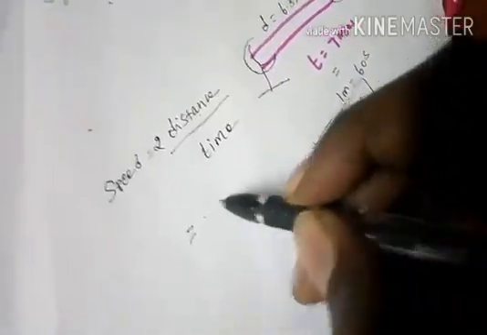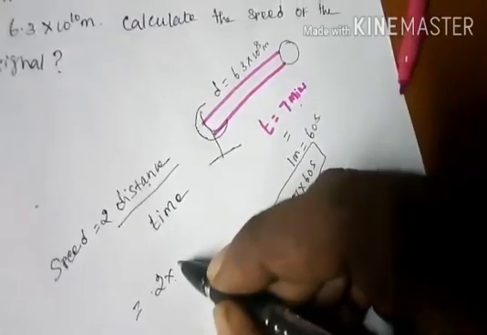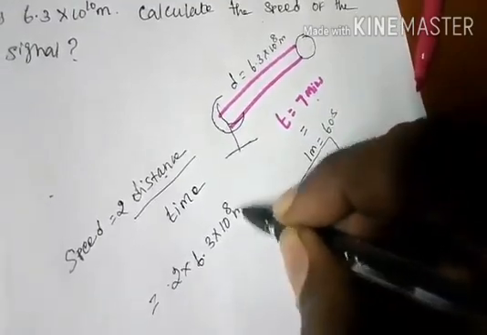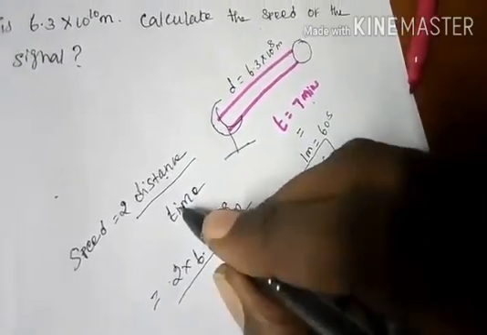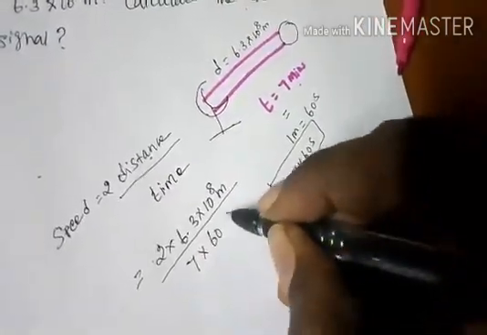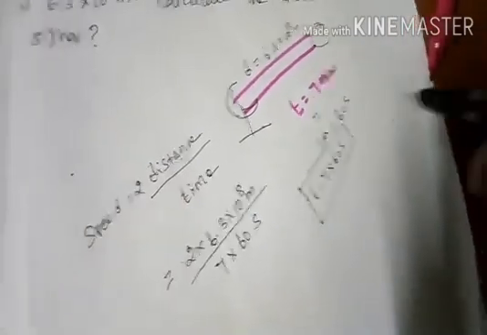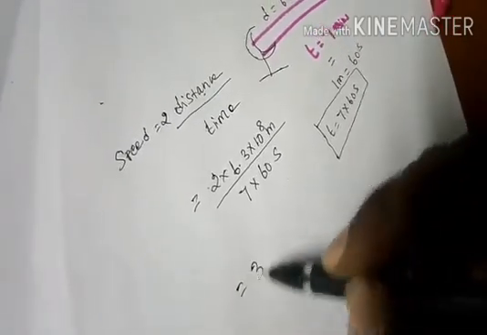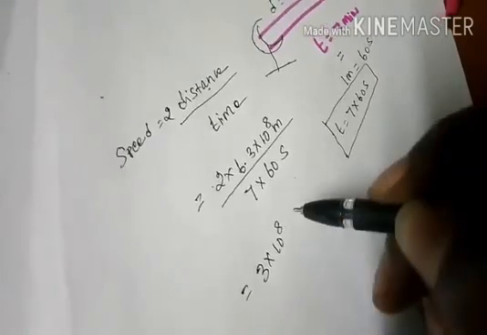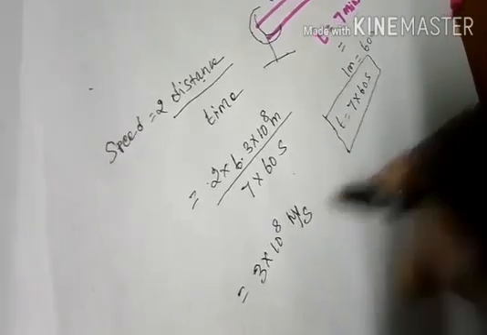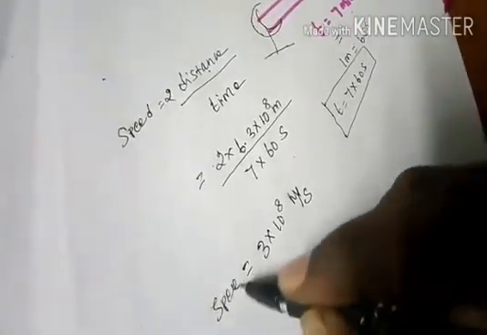Substituting, 2 into 6.3 into 10 power 8 meter per time, time is 7 into 60 second. If you multiply and divide, we will get the value 3 into 10 power 8. The unit is meter per second. So this is speed.